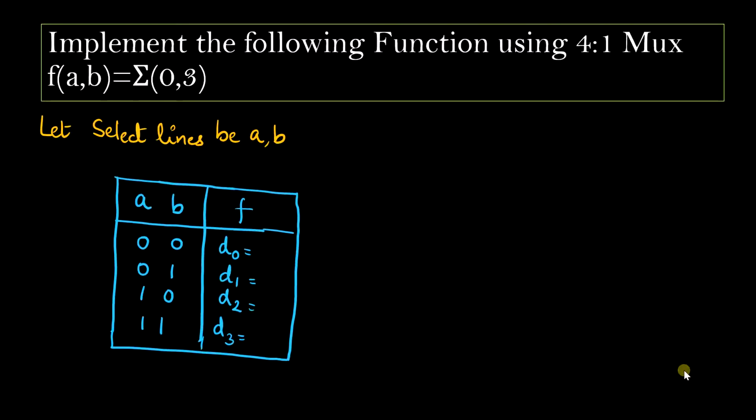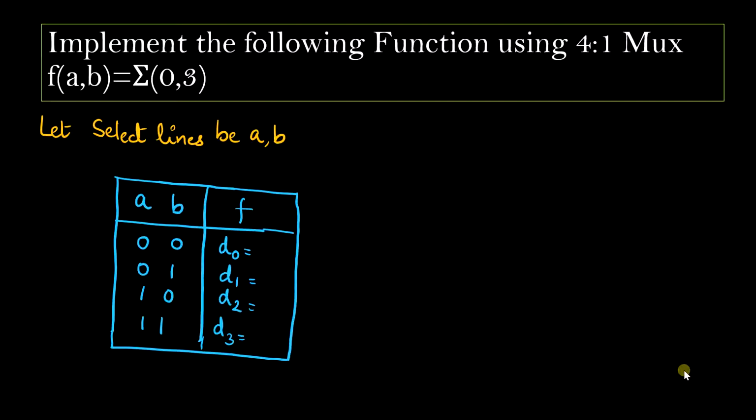Then I can obtain the 4 combinations of the select lines to be 0 0, 0 1, 1 0 and 1 1. When the combination is 0 0, I obtain the function f to be equal to d0. For 0 1, f is d1. For 1 0, f is d2. And for 1 1, f is d3.